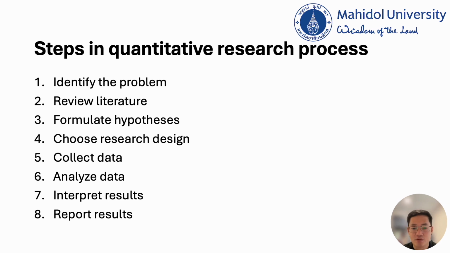After analysis, we interpret the results, linking them back to the theory or problem we started with. Finally, we report our findings, often in the form of research papers, reports, or presentations. Each step builds on the one before it, and together they ensure that the study is systematic, objective, and replicable.